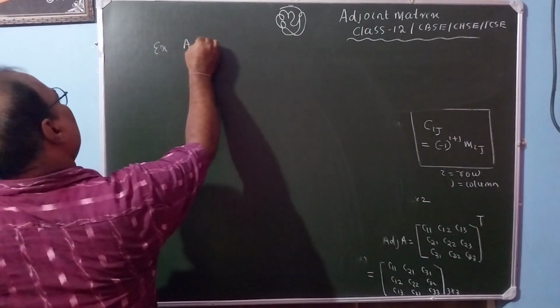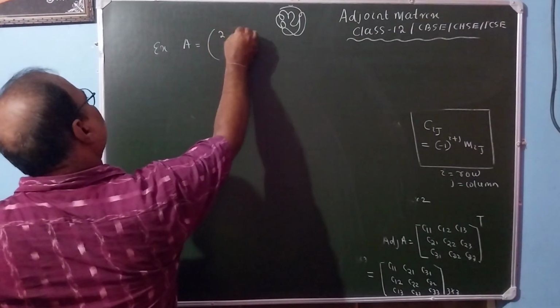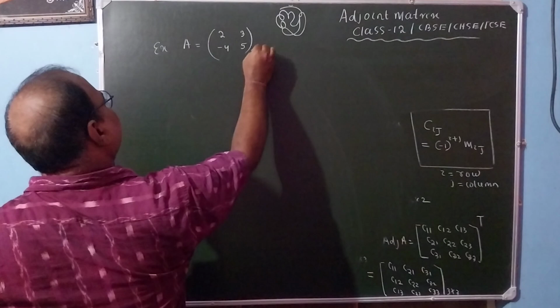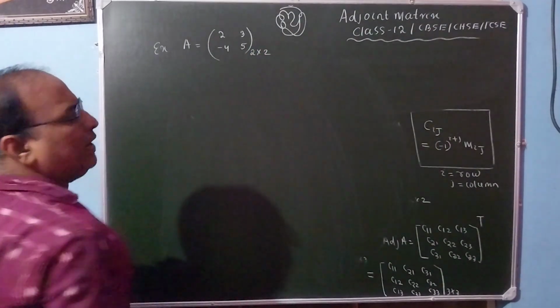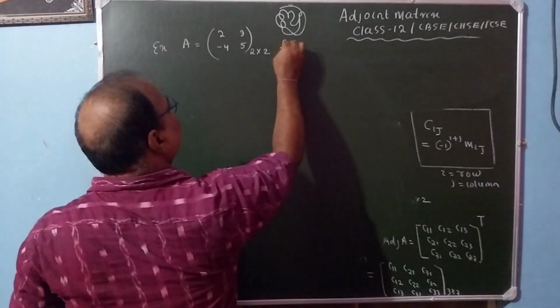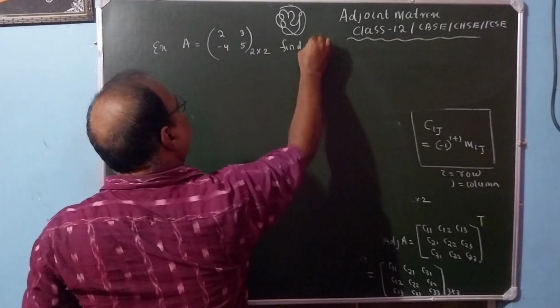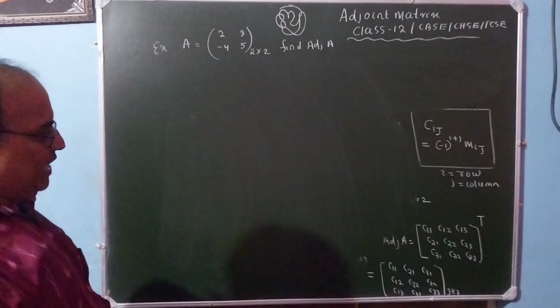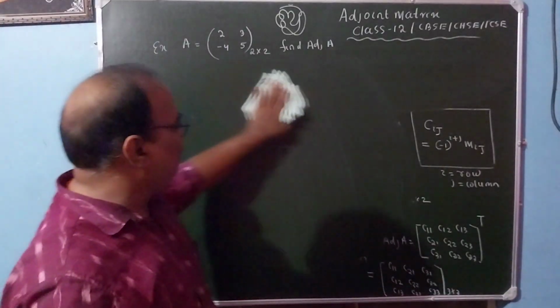A is equal to 2, 3, -4, 5. This is a matrix of order 2 by 2. Find the adjoint of it.